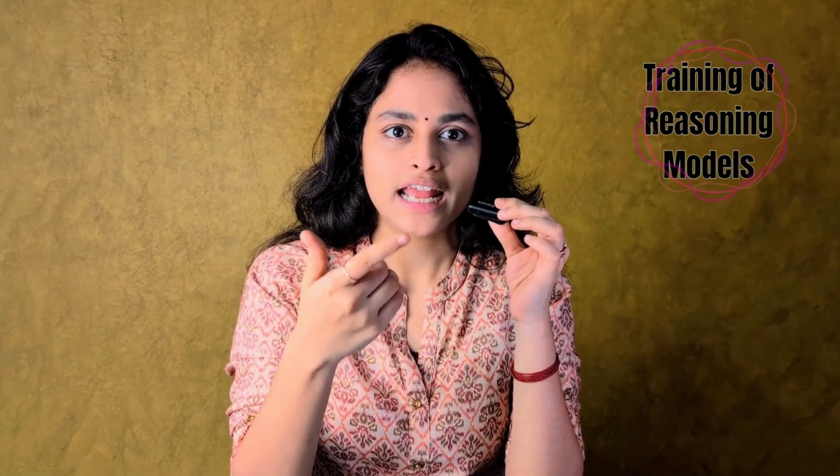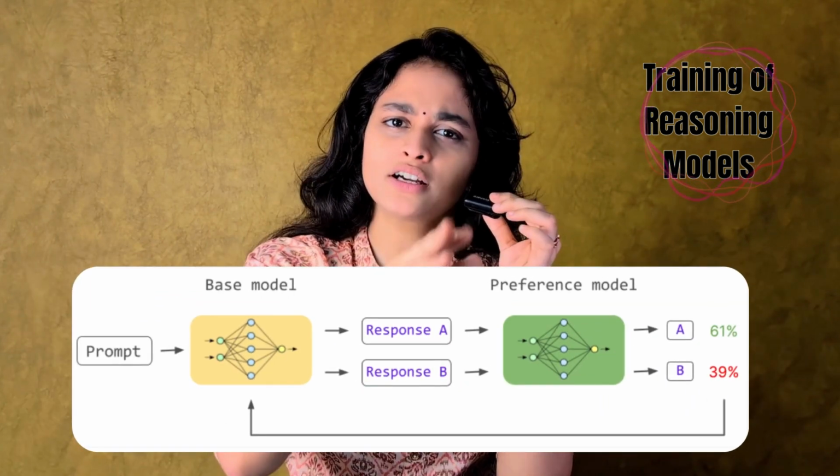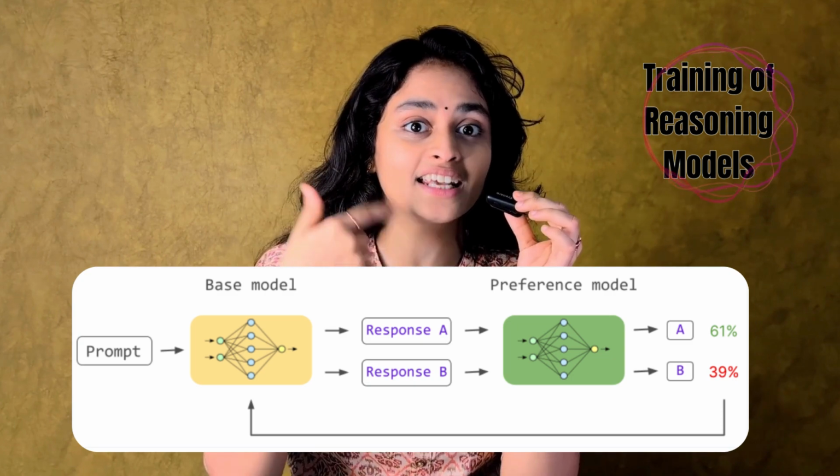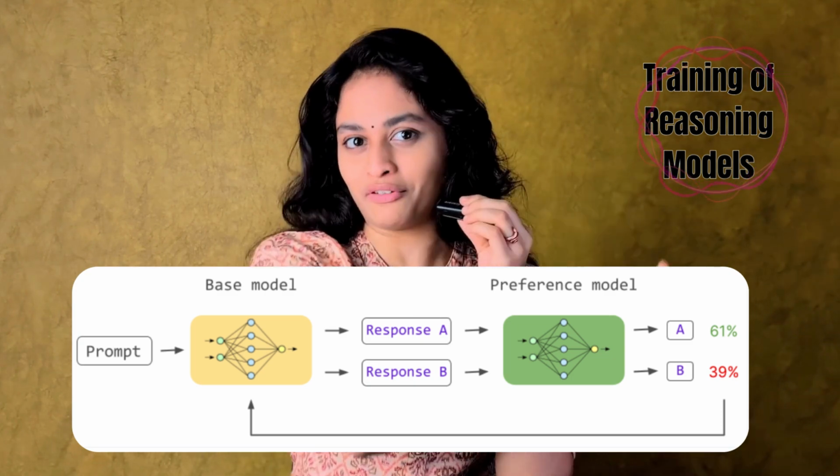This is exactly why reasoning models aim to skip or minimize this SFT and lean more towards reinforcement learning. Reinforcement learning doesn't just feed the model with ready-made answers. It rewards the model if it figures out things on its own based on how well its reasoning aligns with what humans prefer.